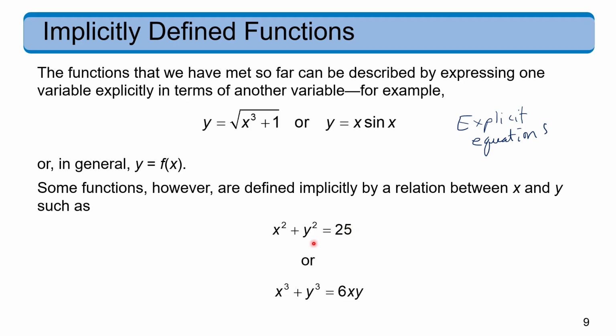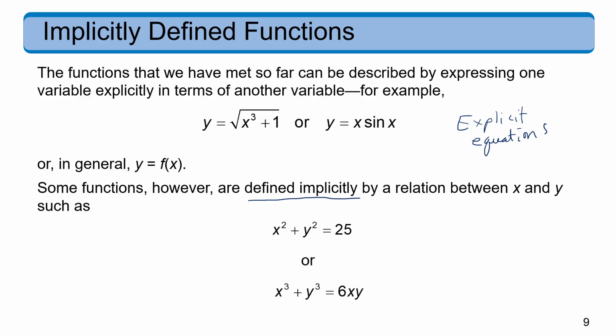Now looking at the bottom, we have some other equations that are not solved for y. They have x and y in them, just like the two up here. They're still equations with two variables, but not in that explicit form. So these are called implicit functions, or they're defined implicitly.